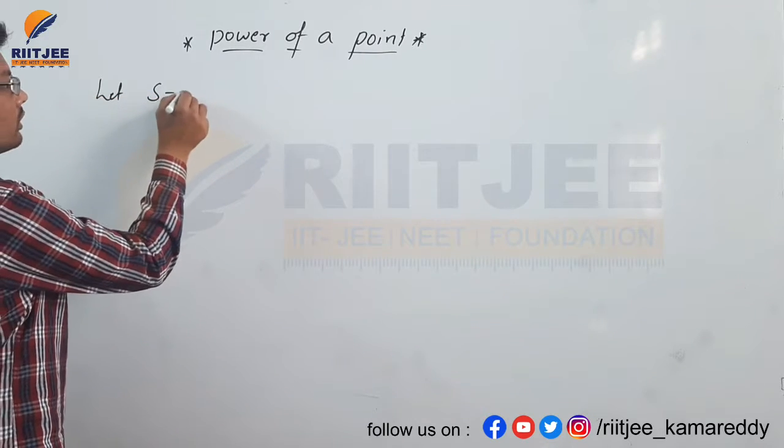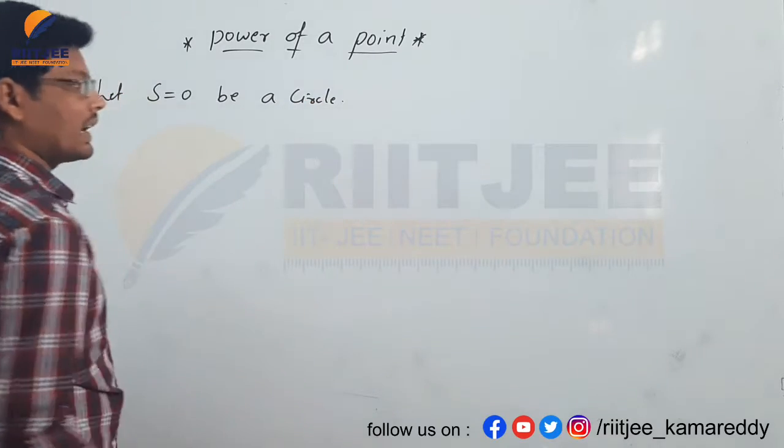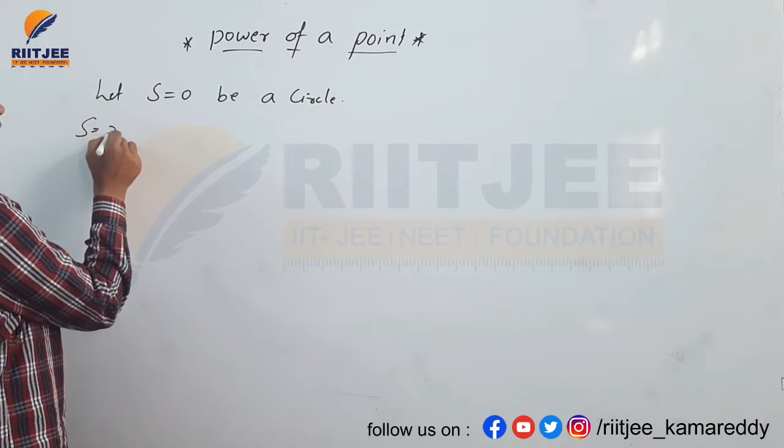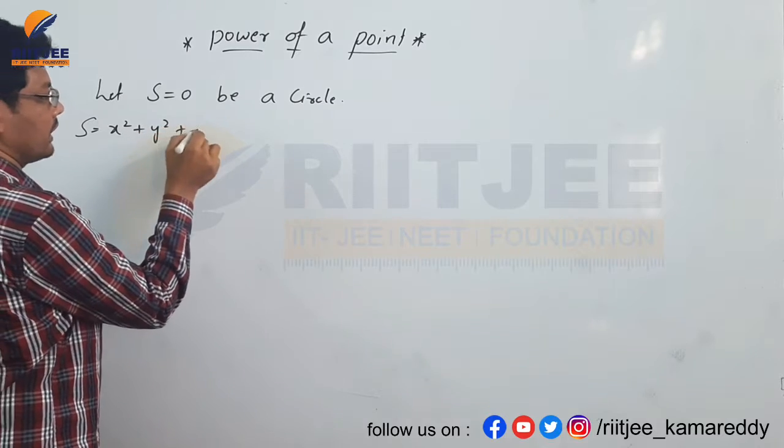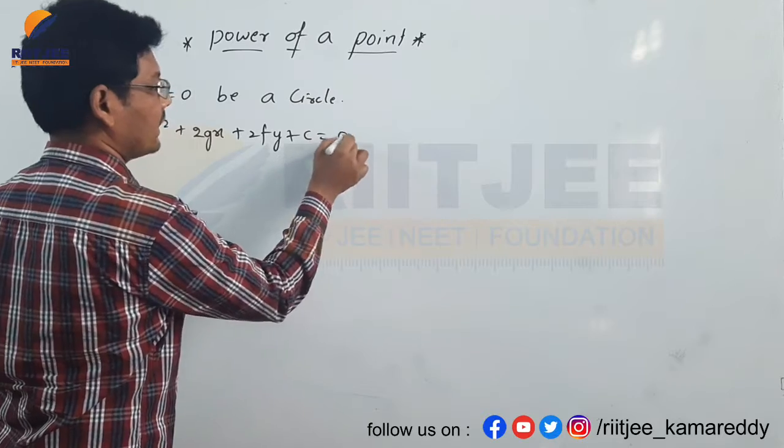Let S = 0 be a circle. The standard form of the circle equation is S = x² + y² + 2gx + 2fy + c = 0.